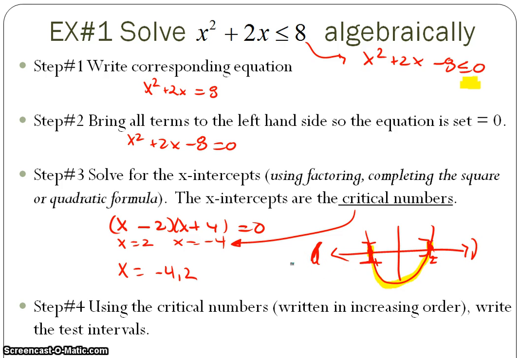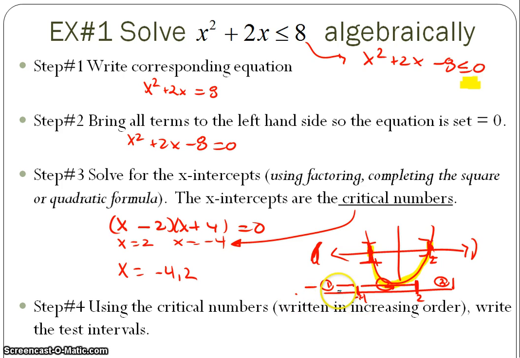So I'm taking my x-axis and splitting it up into one interval here, the second interval here, and the third interval here. My x-intercepts split it up into 3 separate intervals.